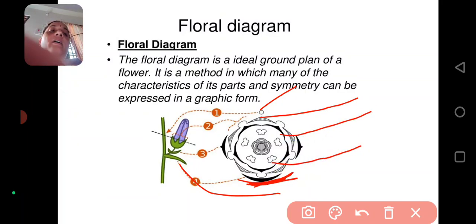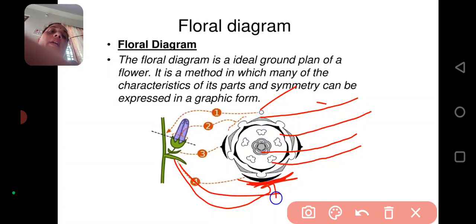These are the stamens, and this is the gynoecium. Ovary position, ovules, ovary, locules, and the arrangement of ovules, that is placentation, are drawn like this. These are the bract, these are bracteoles.